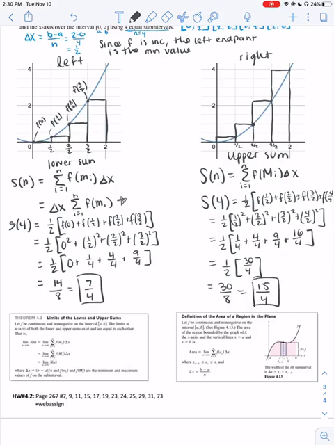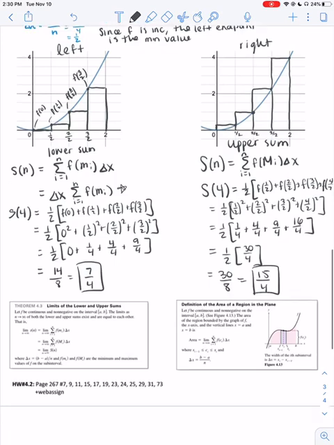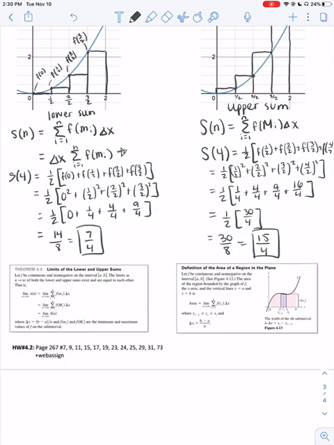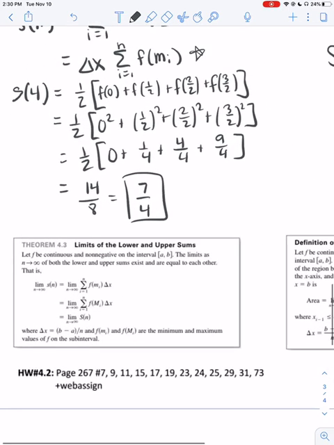Okay, and so I wanted to include these theorems in the boxes. You don't need these in the homework today, but I just wanted to show what it's saying, which is that as n is approaching infinity, so the more and more intervals you have, right? Imagine they're getting smaller and smaller.